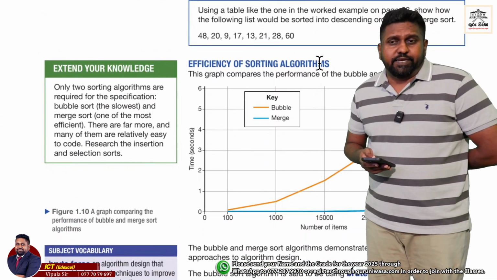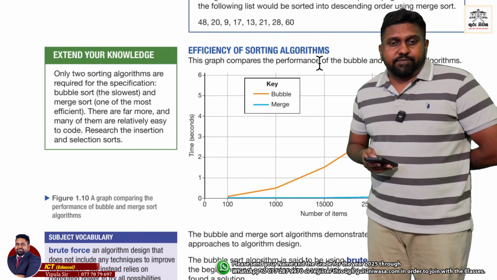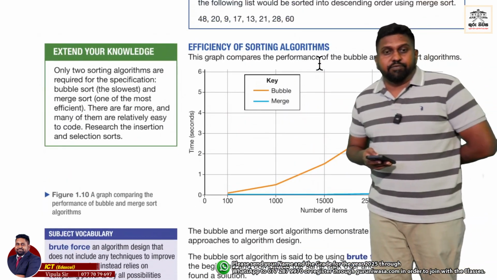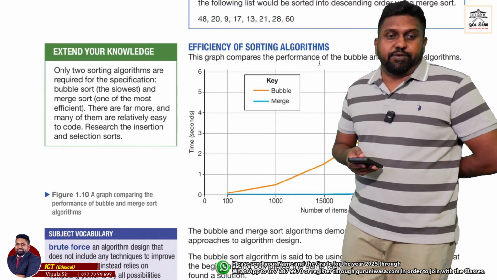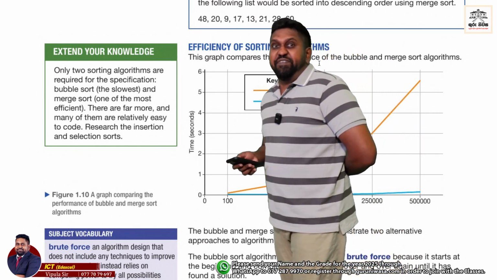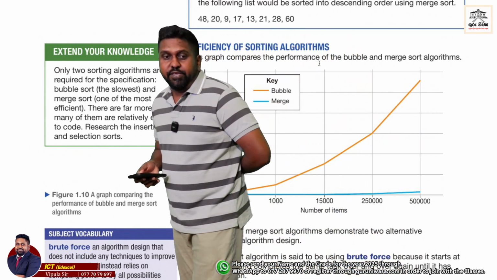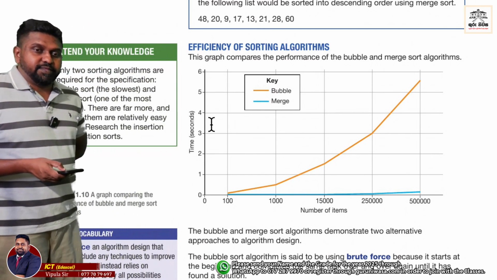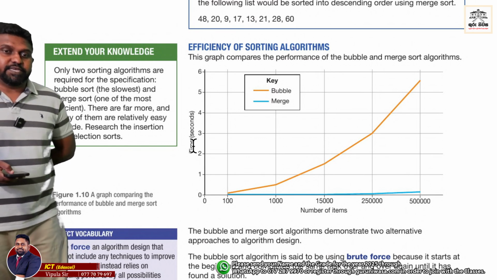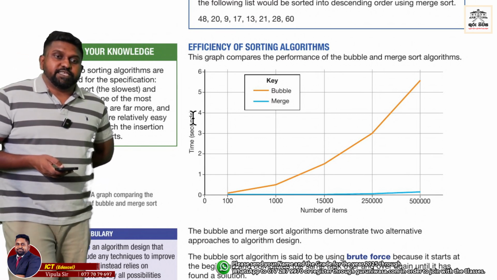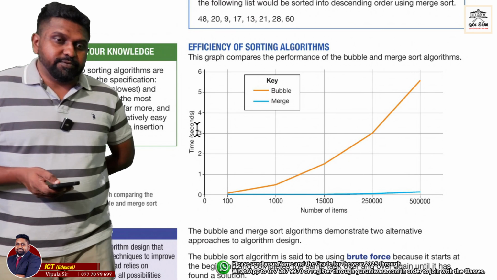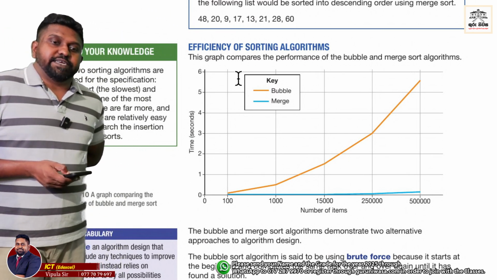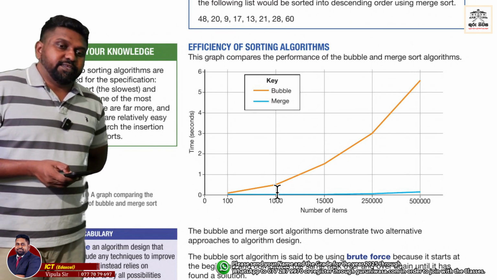Now this is where the important point comes into action about the efficiency of sorting algorithms. Here you can see the x and y axis. Here you can see the total time required to process this particular list of items, and here you can see the number of items.